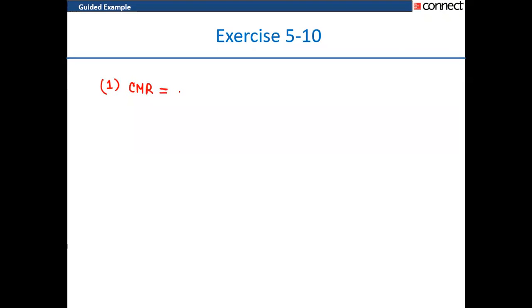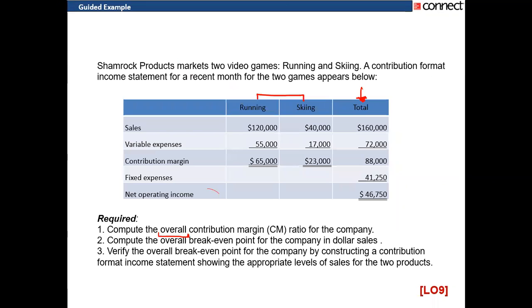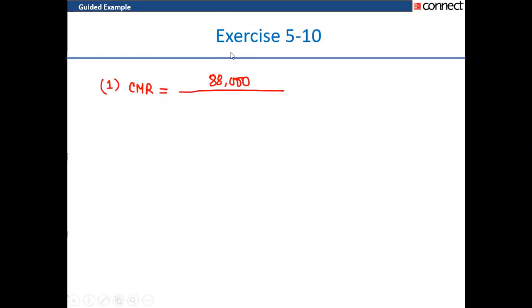Contribution margin ratio should be equal to the overall contribution margin, which you have identified as 88,000. And we know that we get the contribution margin ratio if we express the contribution margin in terms of the sales. So which sales should I take, this one or this one? I should take the 160,000 because we are asked to measure the overall contribution, not the individual. So let me take the overall sales of 160,000.